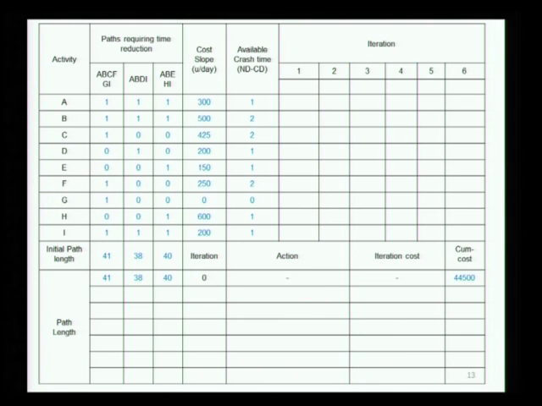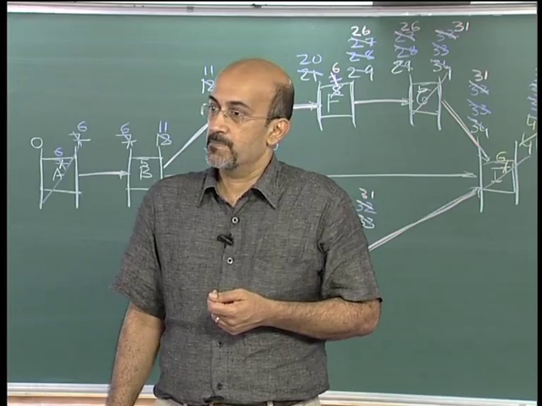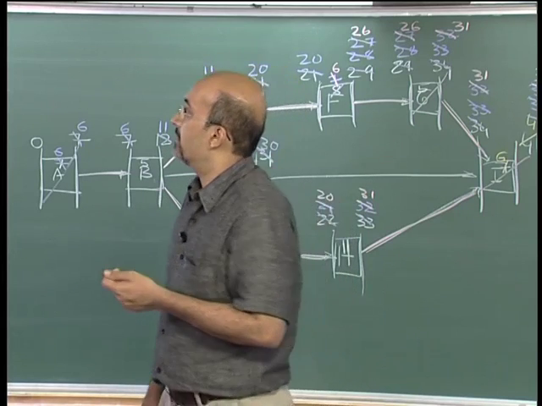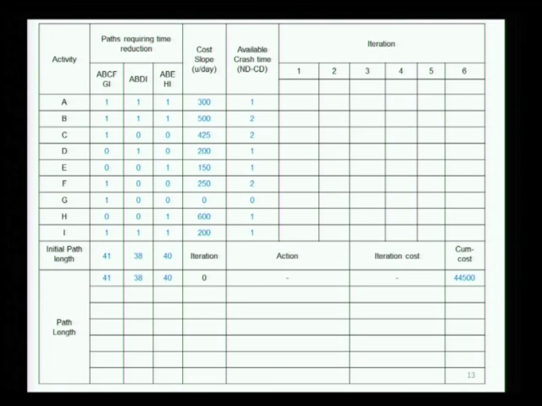Take a look at the table and ask me if you have any questions. 1 indicates that the activity is participating in the path. The cost slope you are familiar with, the 300, the 500, all of that. The available time is the maximum it can crash.